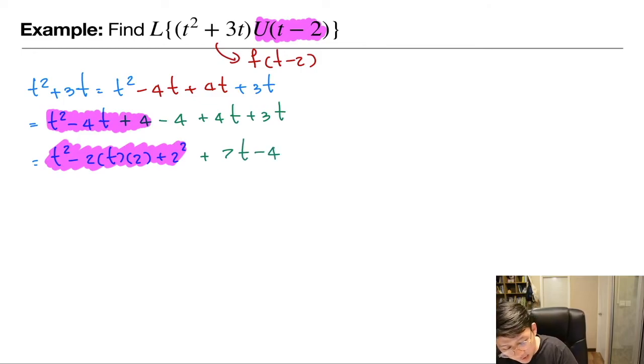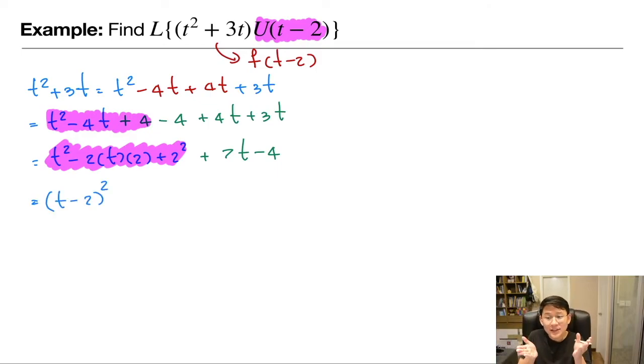So this guy becomes t minus 2 squared. At least I get some t minus 2. Okay, and then plus 7t, and then there's no problem, right?